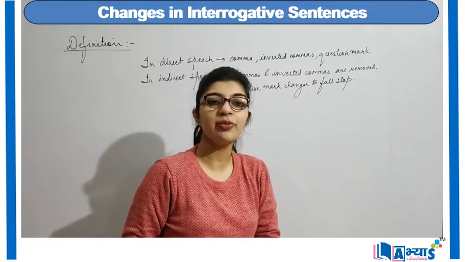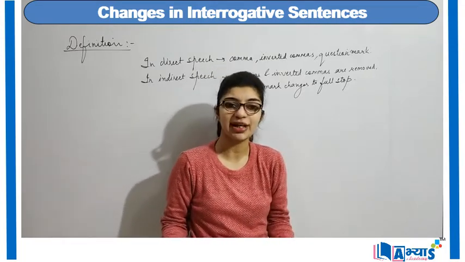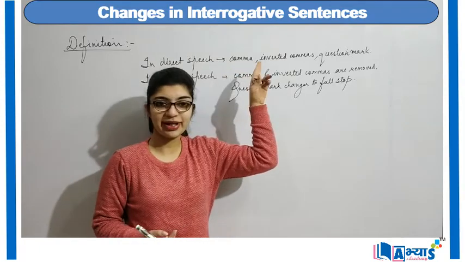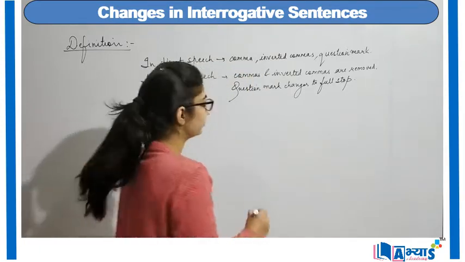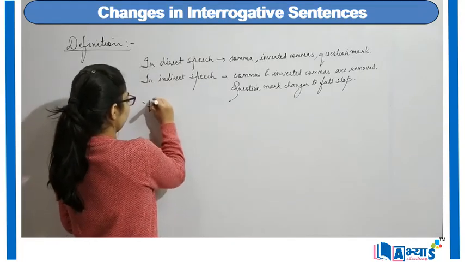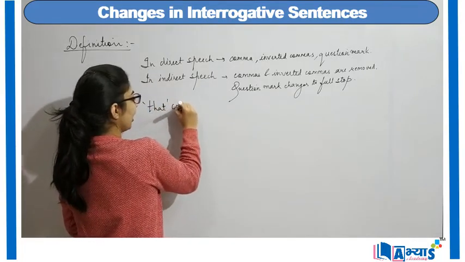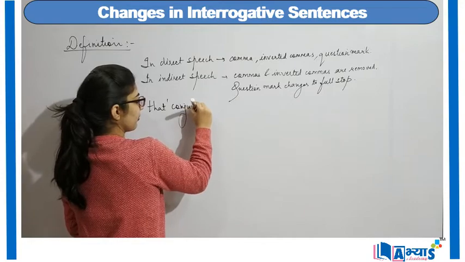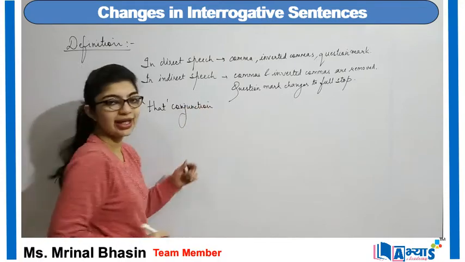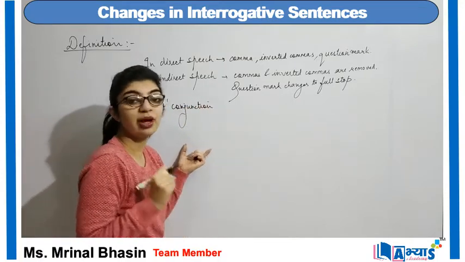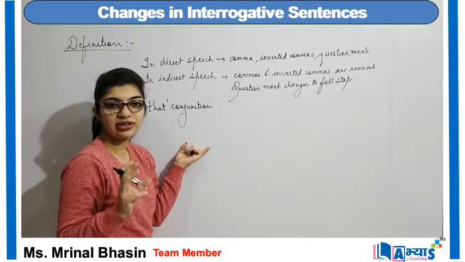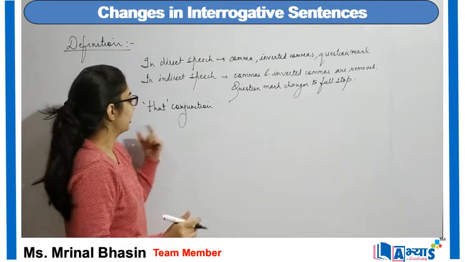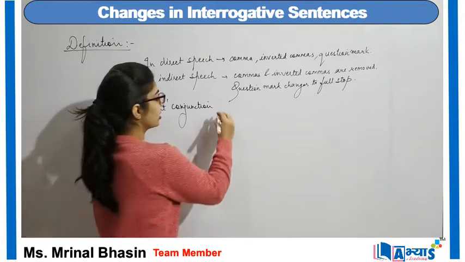Now usually when we convert a simple statement of direct speech to indirect, we make use of the conjunction that, right? That conjunction in an interrogative sentence, when you have to change the sentence of interrogation to indirect form, is not used.